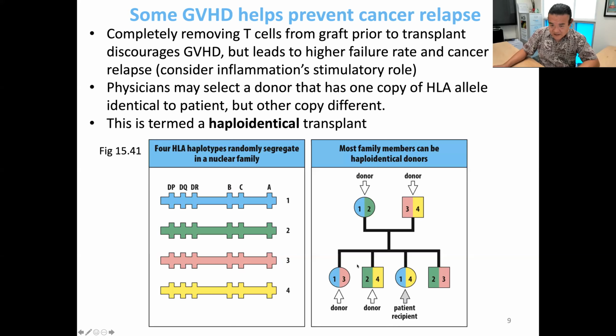Because in either one of these cases, they at least have one of these haplotypes. This brother over here would not be a suitable donor, right? Because he has the green and pink ones that he got from mom and dad, right? Which his sister over here, the sister who's sick and in need of the transplantation, right? She doesn't have that, right?